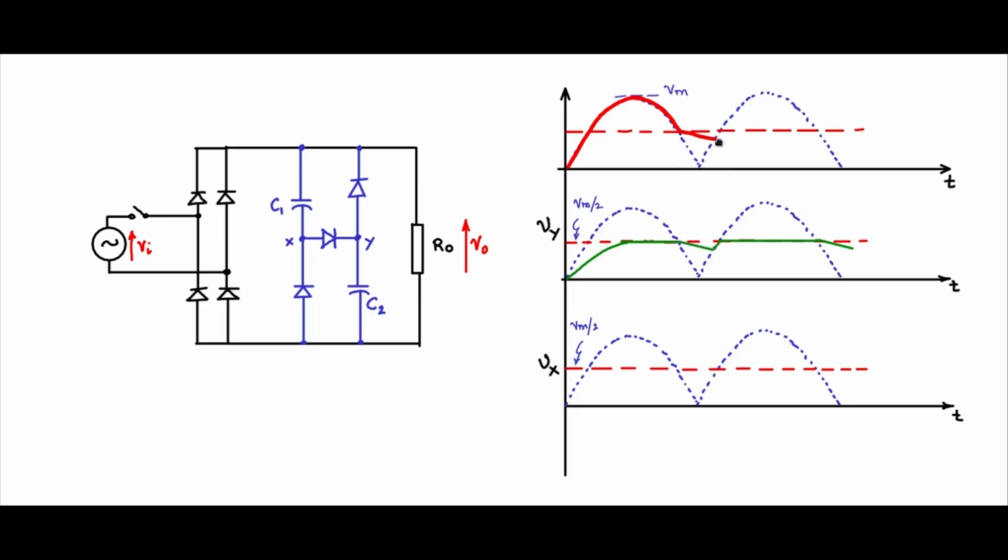And then at this point again it will start tracking the input and comes down, and then again here you will see it will track the capacitor voltages. So now this will be the output voltage envelope. Look at the very large ripple, but look at the conduction time. The conduction time is all this time, the current conduction time.